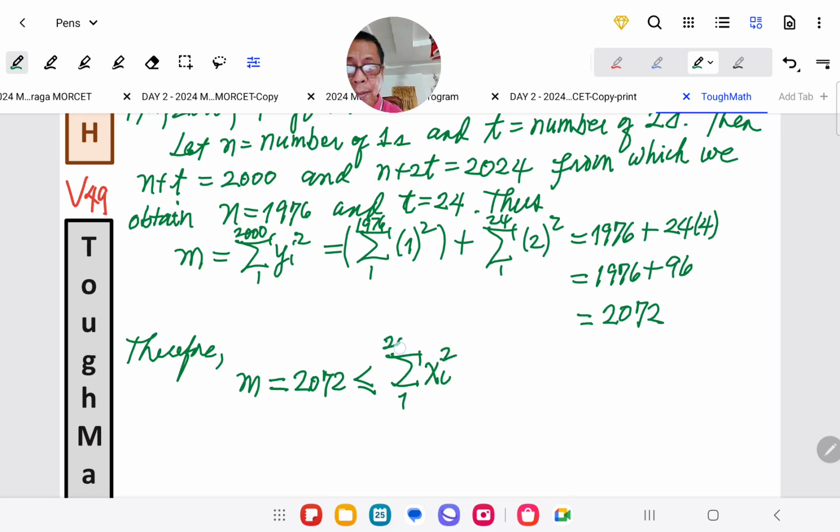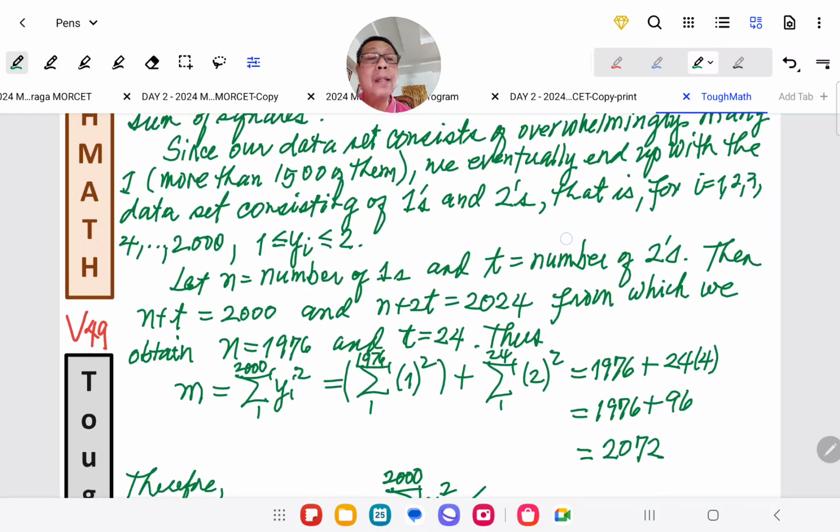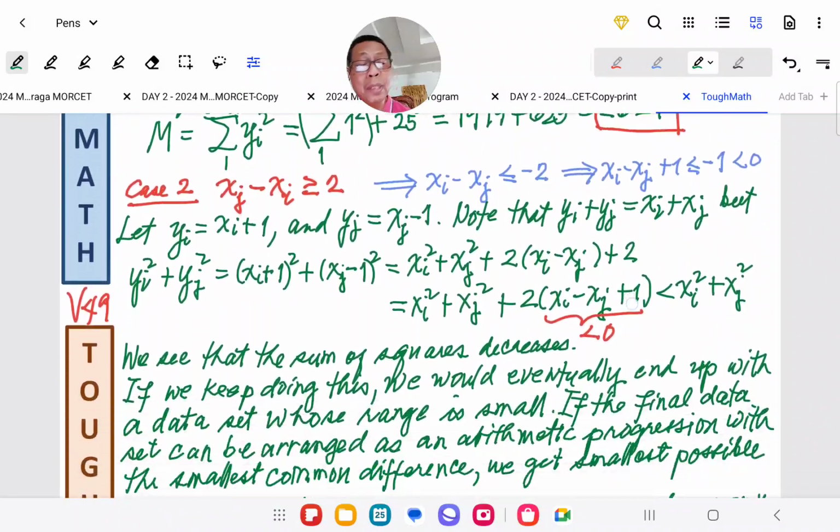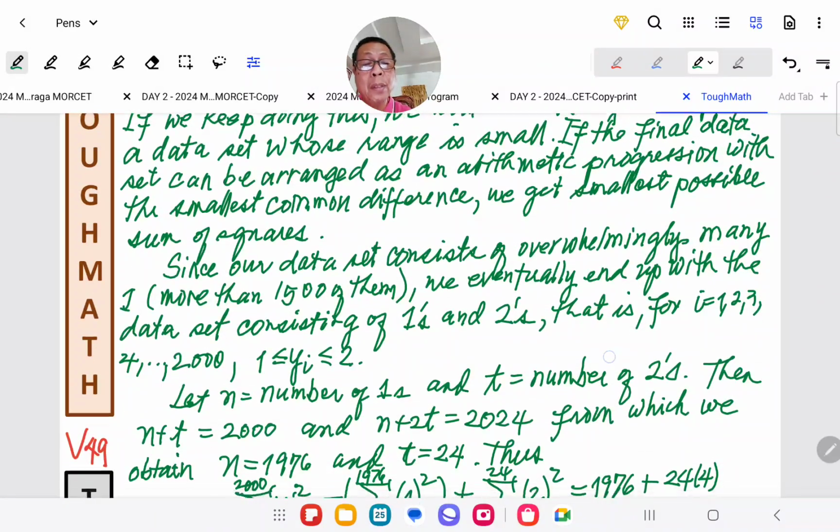Okay. But this original sum of squares is less than or equal to the data set where all except 1 are equal to 1. What is that value? 2,624.